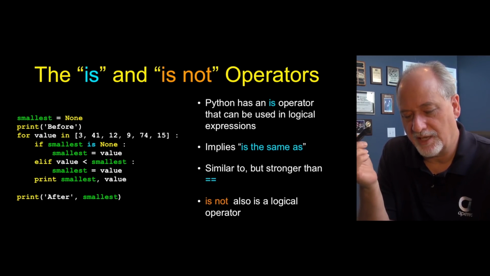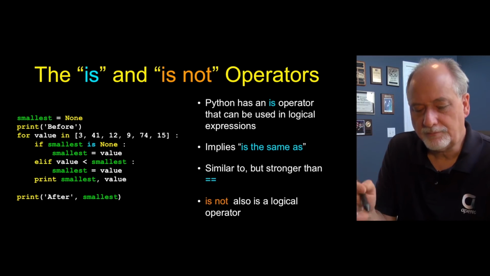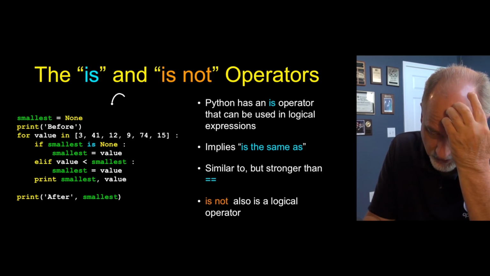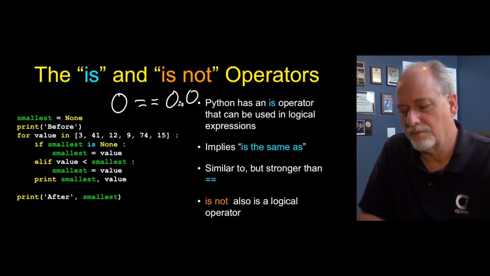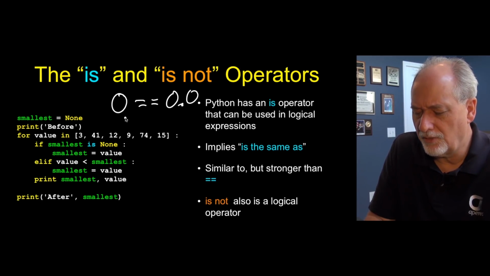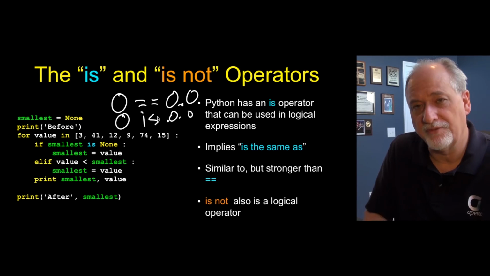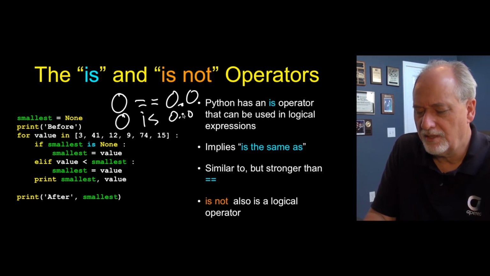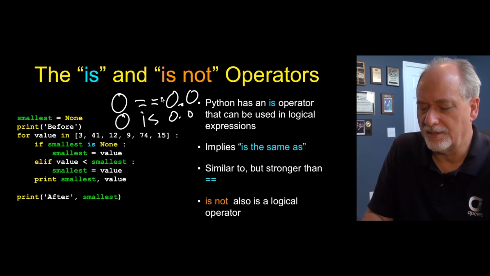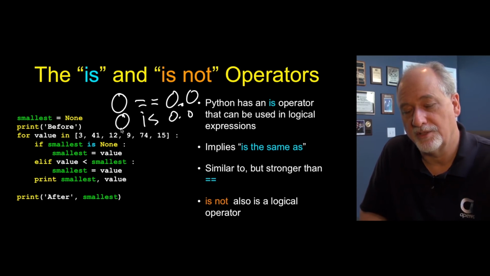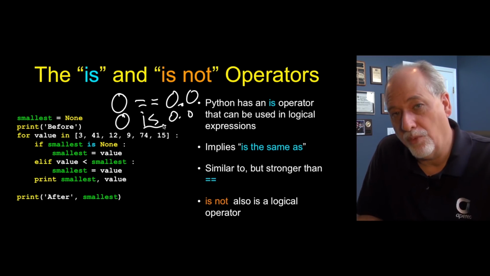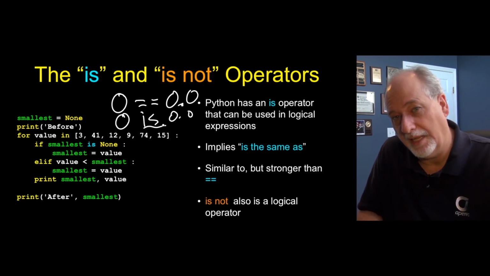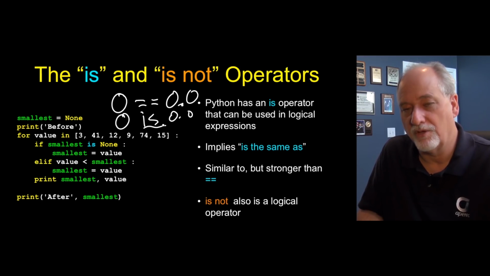So just as an example, if I were to say, is 0 equal to 0.0, it would say, yeah, that's true. But then if I say 0 is 0.0, that would be false. That's because these two are the same value-wise, and these two are not the same type-wise. So is is stronger than equals, meaning that it demands equality in both the type of the variable and the value of the variable, and no conversion is done.